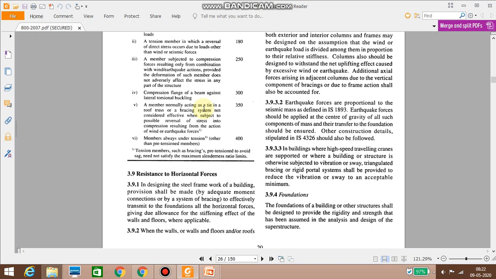The decrease in the strength is usually due to the lack of straightness or accidental eccentricities of loading, or development of residual stresses, or also because of the variation of material properties over the cross section. Whenever you go for a very long compression member, the material property may change. It is very difficult to maintain the same material property throughout the length or height of the compression member. That is why the slenderness ratio is very important.